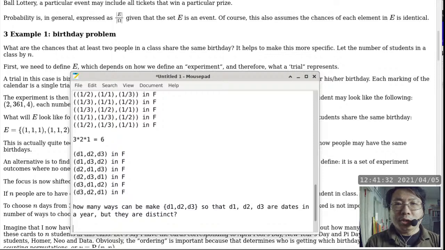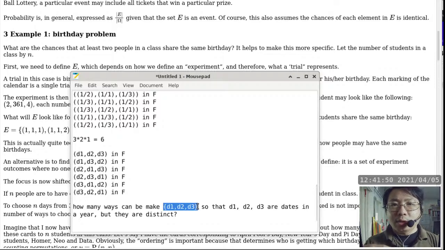That becomes the question. And before somebody asks how come these D1, D2, and D3 are in a set, because we see the curly braces, but these are in parentheses? Well, that's because we don't need to take ordering into consideration, because if we consider D1, D2, D3 to be different from D2, D1, D3, then we will end up with duplicate cases.